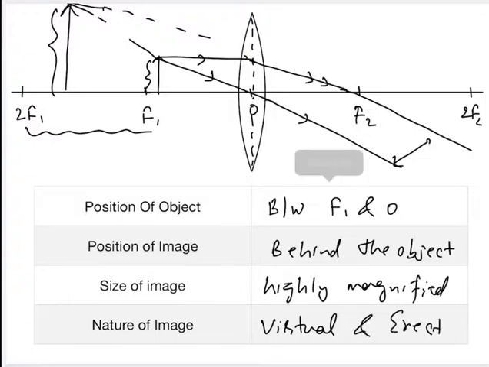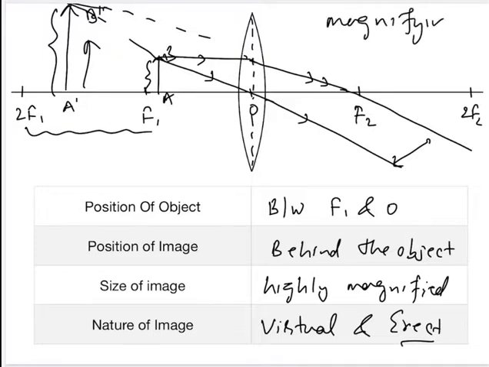You can see object AB, image is formed A dash B dash and it is upright. So it is called an erect image, and this is the case which is used in magnifying glasses, where you can see the object highly magnified. So this was image formation by convex lens. Next let us move to concave lenses.